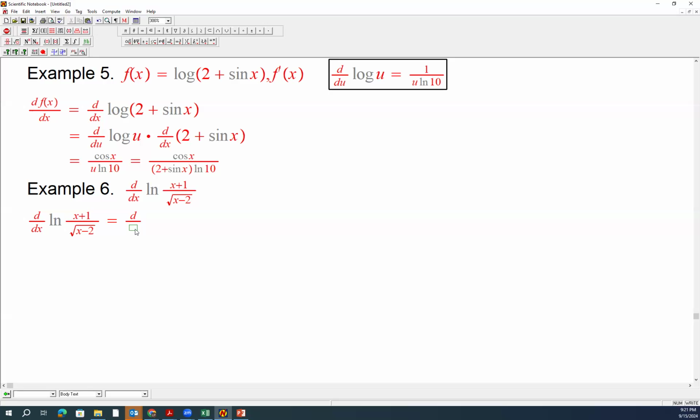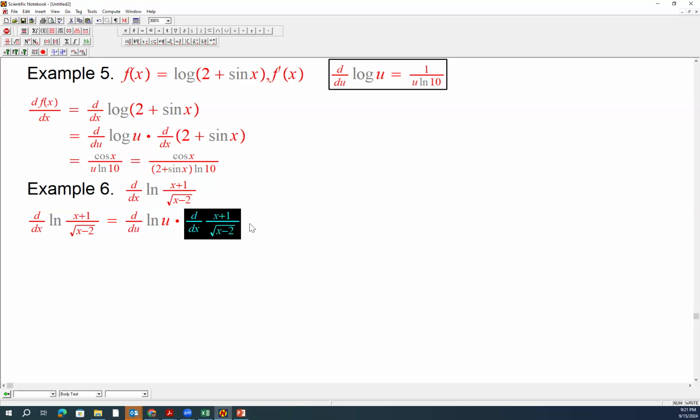Now we're going to assume this piece is ln u. So this is our u. So du, and then we're going to multiply du dx. That's our u.